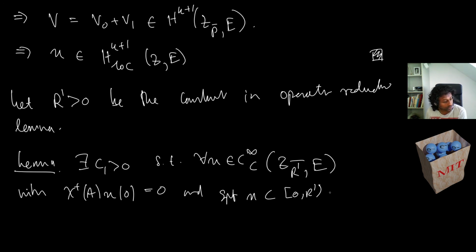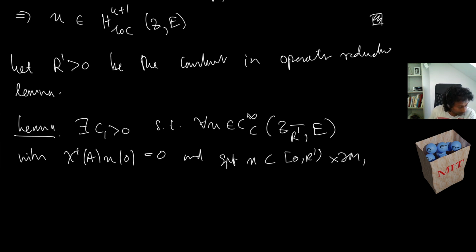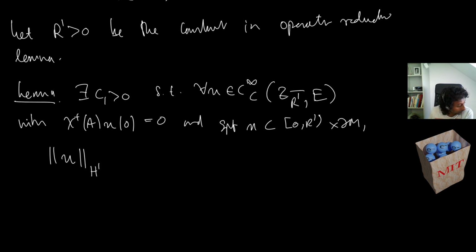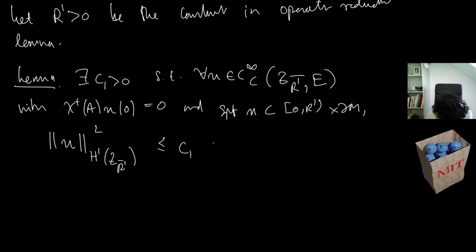R prime cross partial M, we have that U in the H1 norm on this Z R prime, squared, is less than or equal to this constant C1 times partial t plus A of U squared plus now the U squared here.